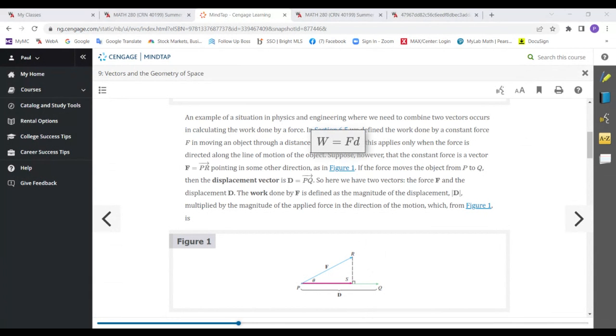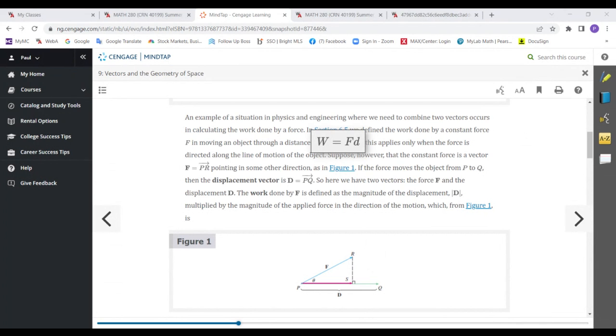If you do work on an object, if you're able to move the object some distance and you applied a force to the object that moved it, that's called work.